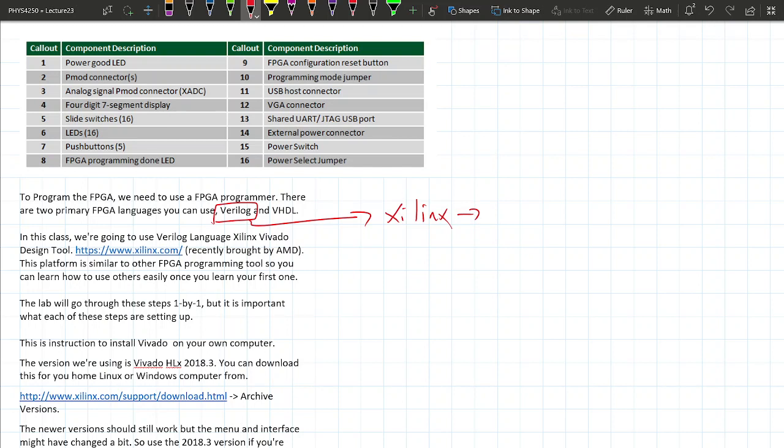Well, it's now been taken over by AMD. If you were to do this in industry, maybe you will use this other language called VHDL, which stands for VHDL, hardware description language.